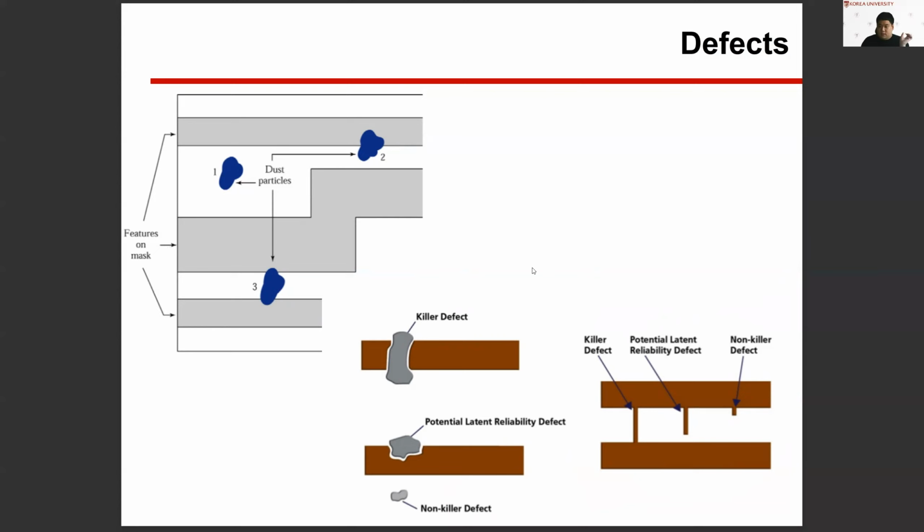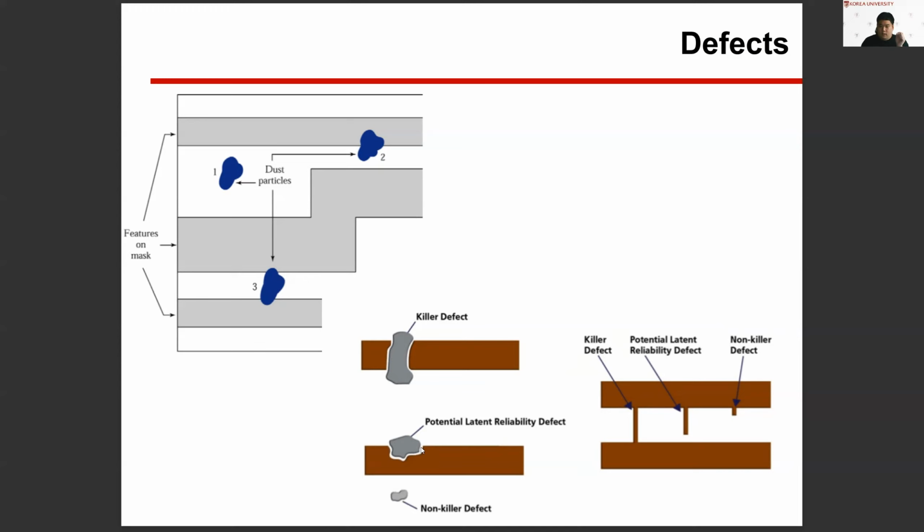But there are non-killer defects that make no difference, because the defect is outside of the metal or other devices.